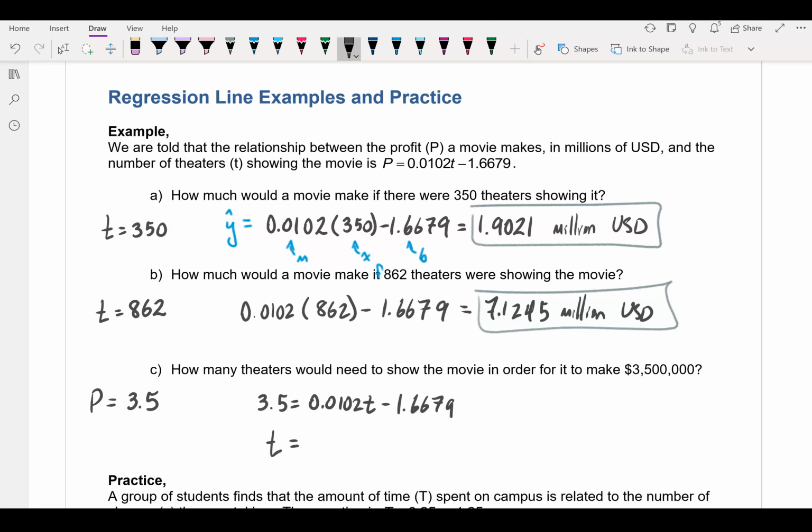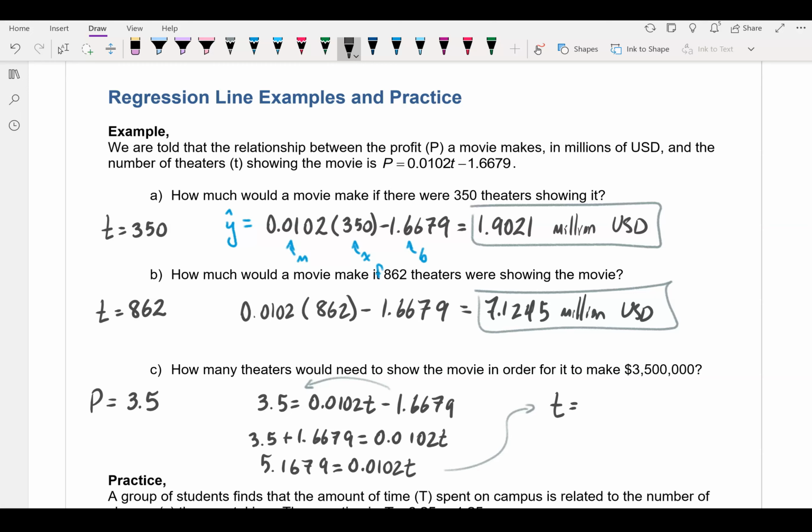So the answer for this is some basic rearrangement. I guess I could make it more clear. So 3.5 plus 1.6679 equals this. Simplify the left side. It should be this. And then I'm going to divide both sides by 0.0102 to get my t.